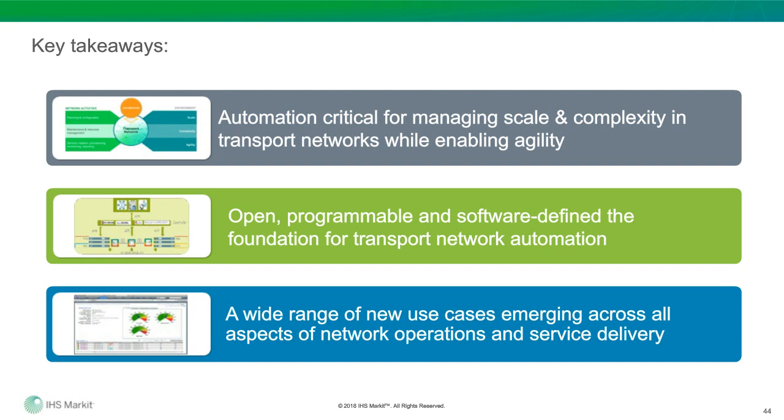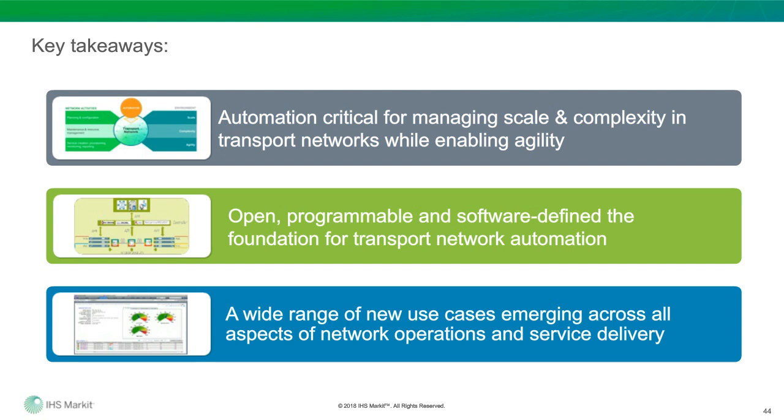Also, we're starting to see the emergence of more open, programmable, software-defined infrastructures being the foundation for enabling us to deliver, A, more automation, but B, more applications that are going to facilitate management and operations, as well as service delivery in these networks moving forward. And finally, hopefully you've picked up a few interesting points with respect to some of these new applications that are emerging, a very exciting area of networking today.